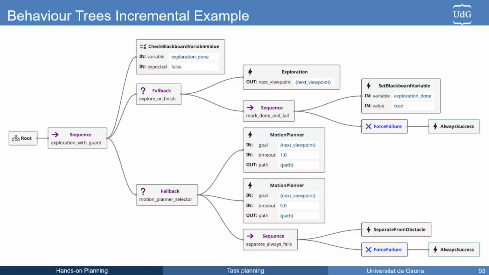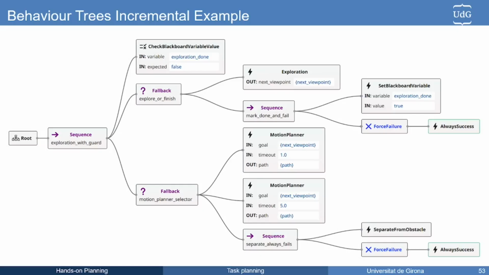If this works, fine, I'm done. If not, let's do a motion planner for 5 seconds. If this works, fine. And if not, here happens more or less the same as before.